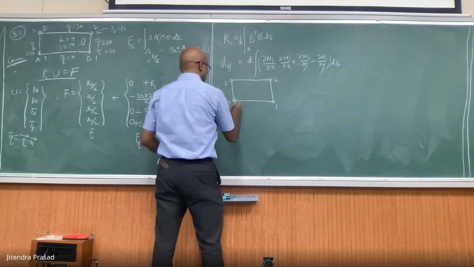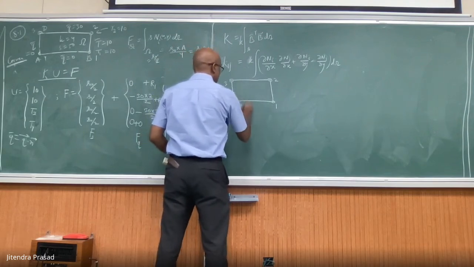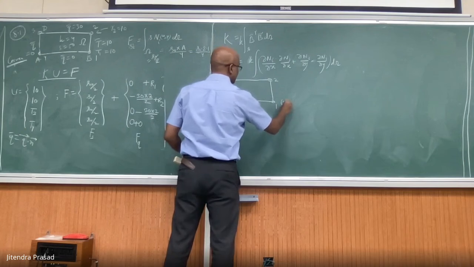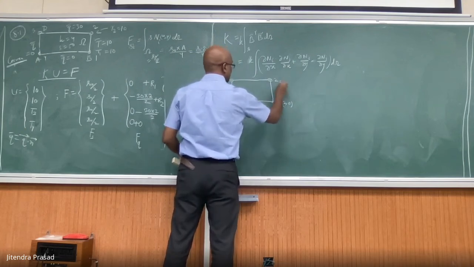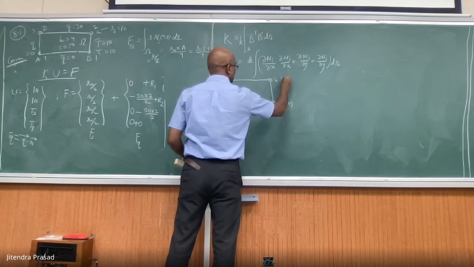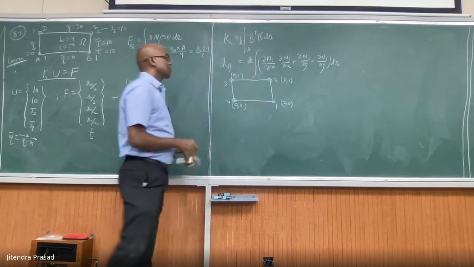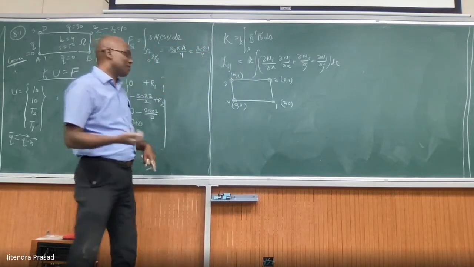So if it is, let us say, 0,0, then 2,0, then 2,1, and you have 0,1. So accordingly, you are going to formulate this.